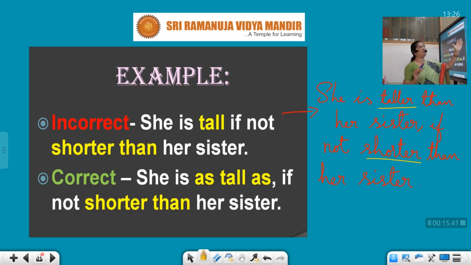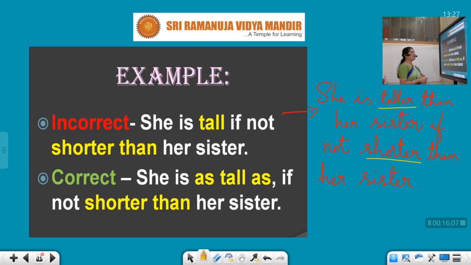So I exactly don't know how to compare her to her sister. When I look at this girl and the other girl is not in the scene, I'll think, okay, she may be as tall as her sister, meaning of equal height, or she may be shorter than her sister. Okay, so that is the meaning. She is tall, if not shorter than her sister.